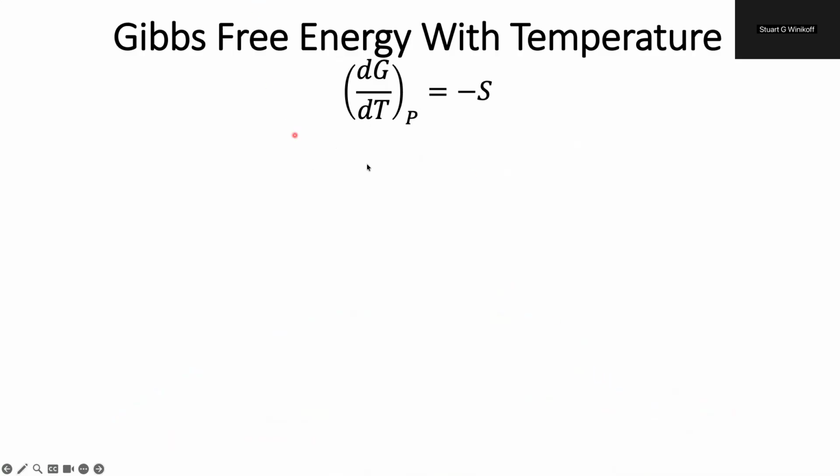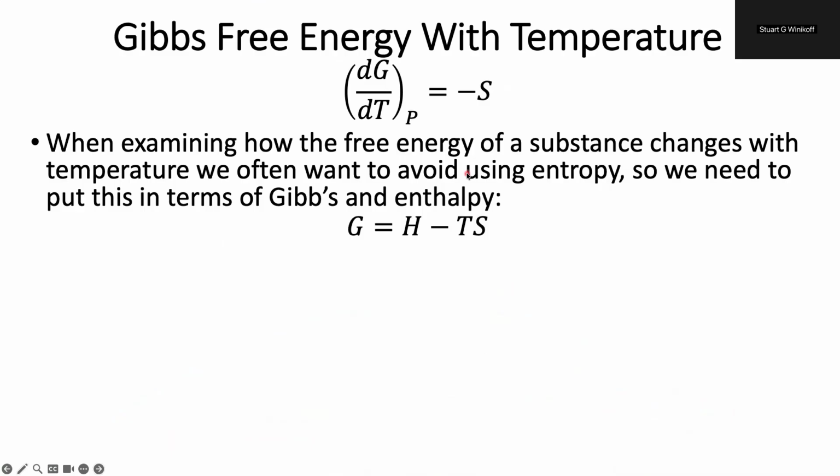Now, to do so, we're going to go ahead and start with this differential. And we're going to try and, oftentimes when we're looking at these relationships, we want to avoid directly using entropy because entropy can, again, have some temperature variations and is a little harder to work with. So instead, we're often going to replace that entropy relationship with a relationship in terms of Gibbs and enthalpy.